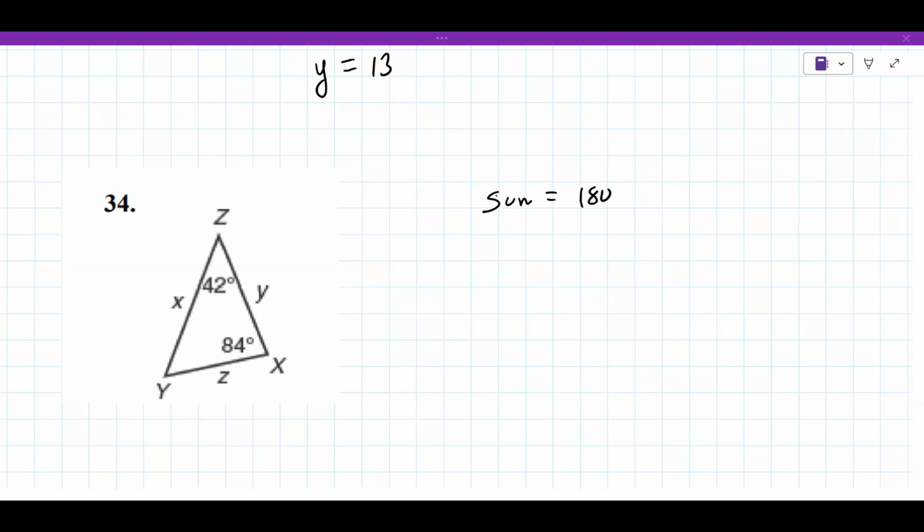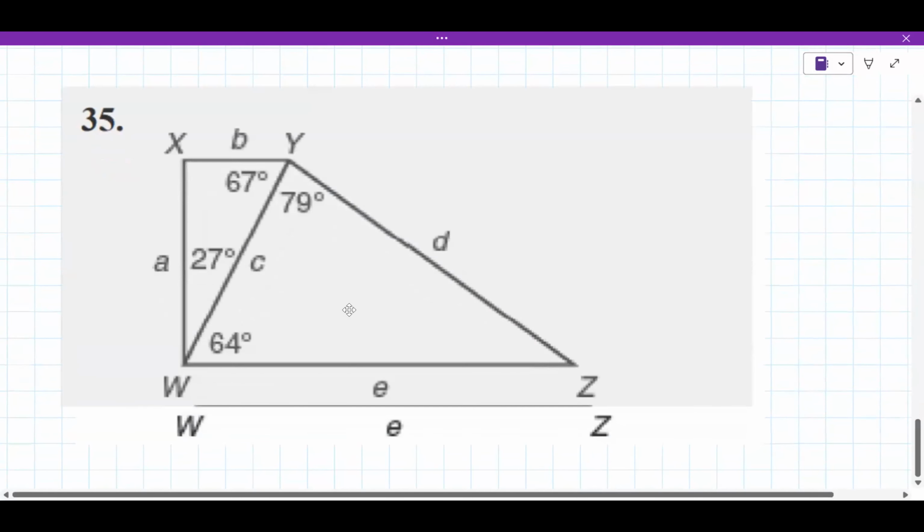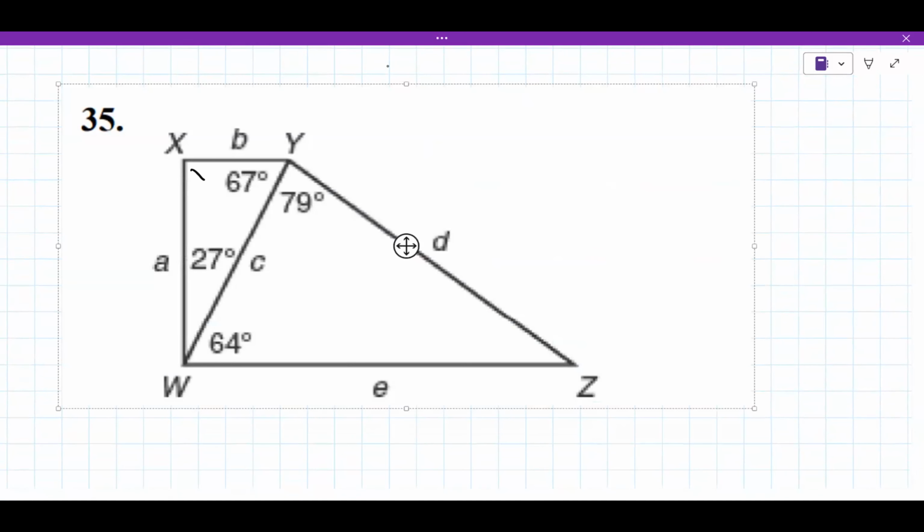Let me give you a new problem here. All right, so I want you to find angle X, and it's not 90, and then angle Y for me, please.